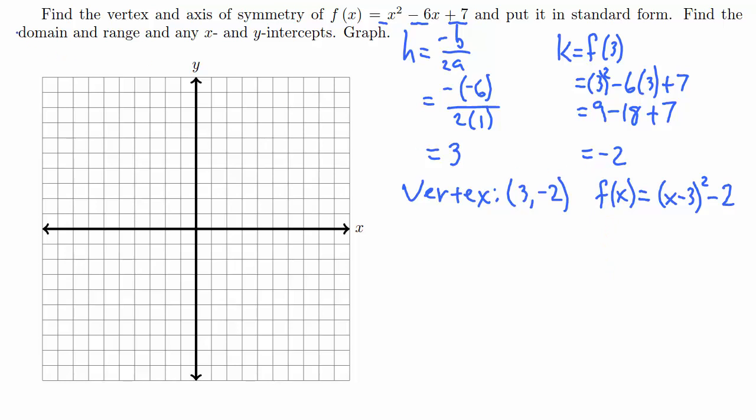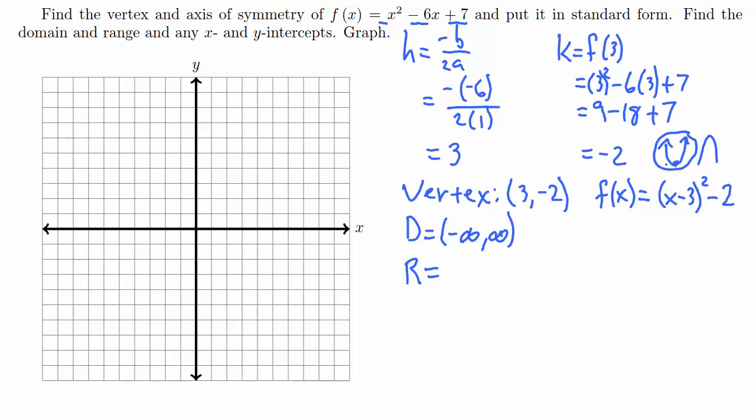Now, the next thing we want to do is find the domain and range. The great thing about this is that the domain is all real numbers every single time because it's a polynomial. And the range, we can look at this and figure out what the range is. Now remember, it opens upward if a is positive and it opens downward if a is negative. Notice that a is just 1 and that's positive, so it's going to look like the upward version.